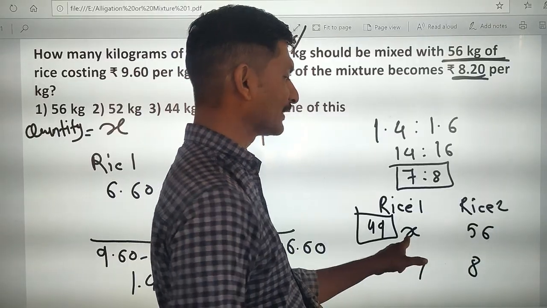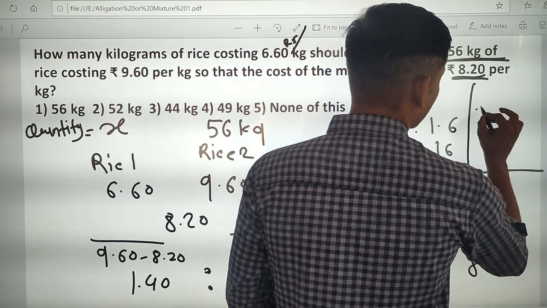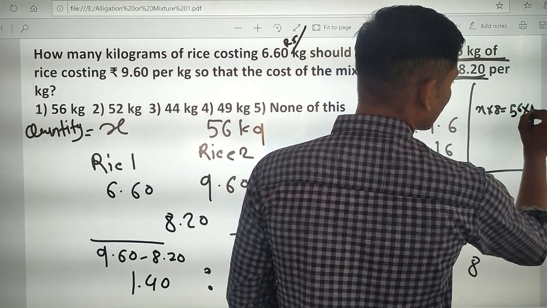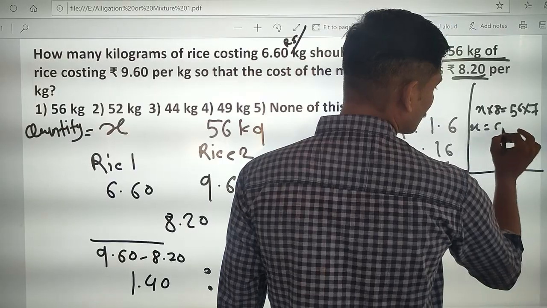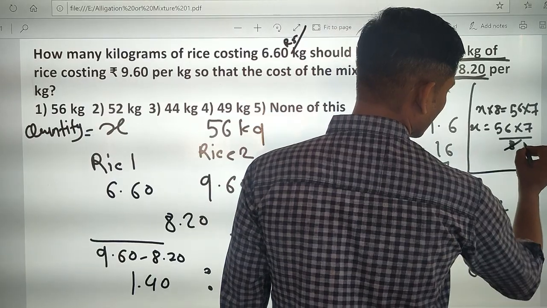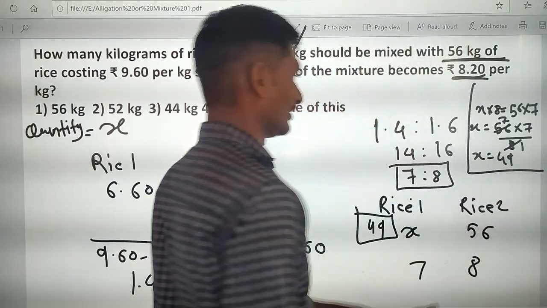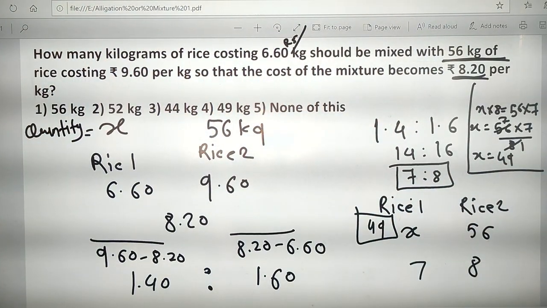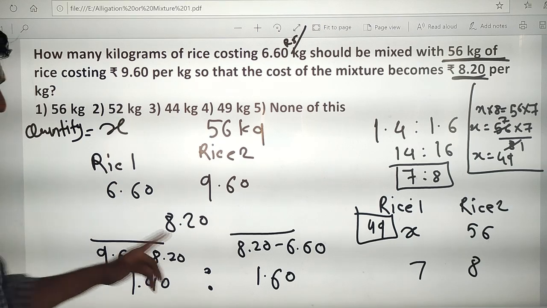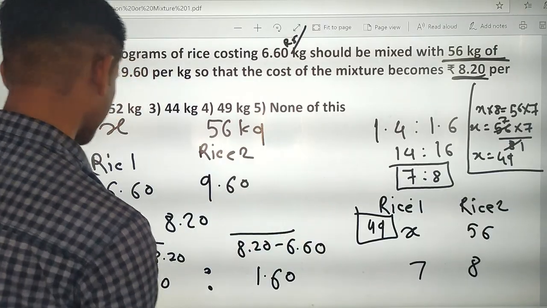Or if we write it as x times 8 is equal to 56 multiplied by 7, then x is equal to 56 times 7 divided by 8, so x is 49. Then the quantity of rice priced at 6.60 is 49.